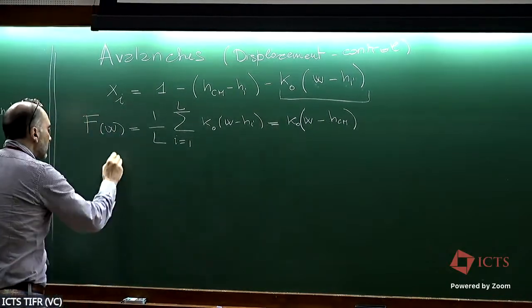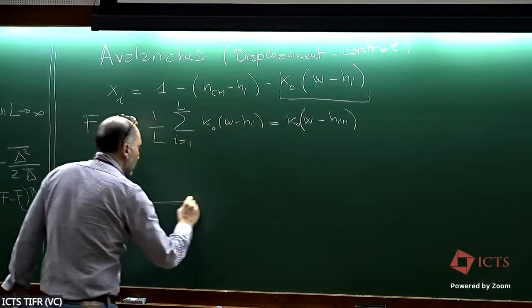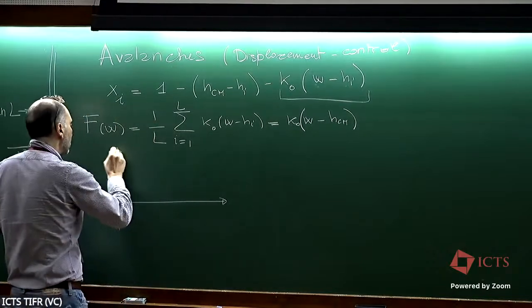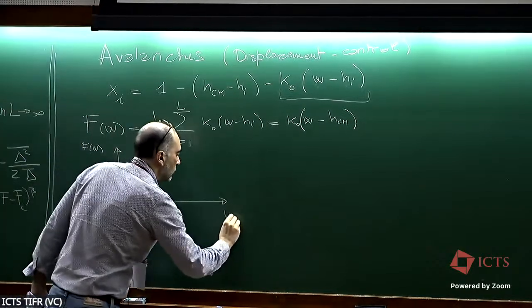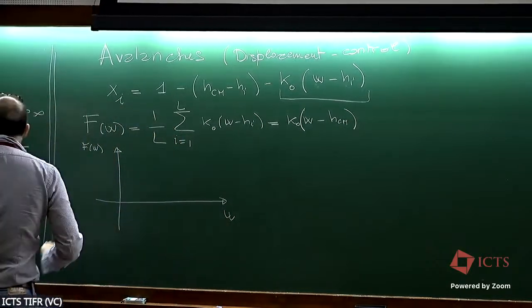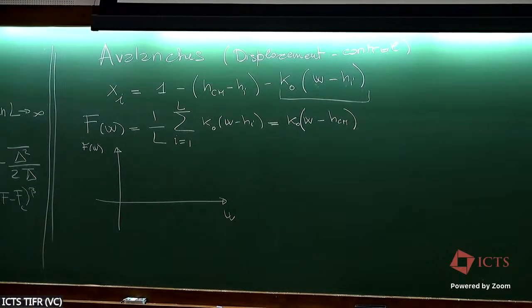And let's see what is going on as it is behaving, okay? This is F of W as a function of W. So let's say that we are stuck, like in the figure that is here. And so there is some value of W, let's say that this is W equal to 0.